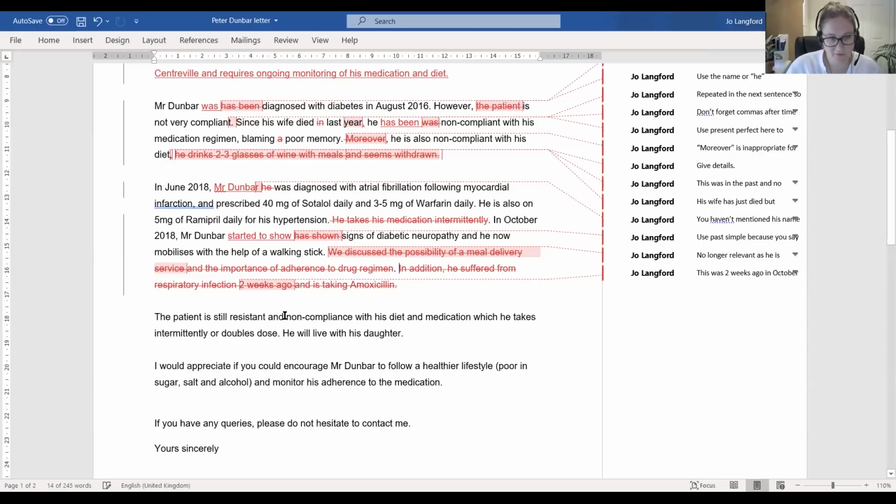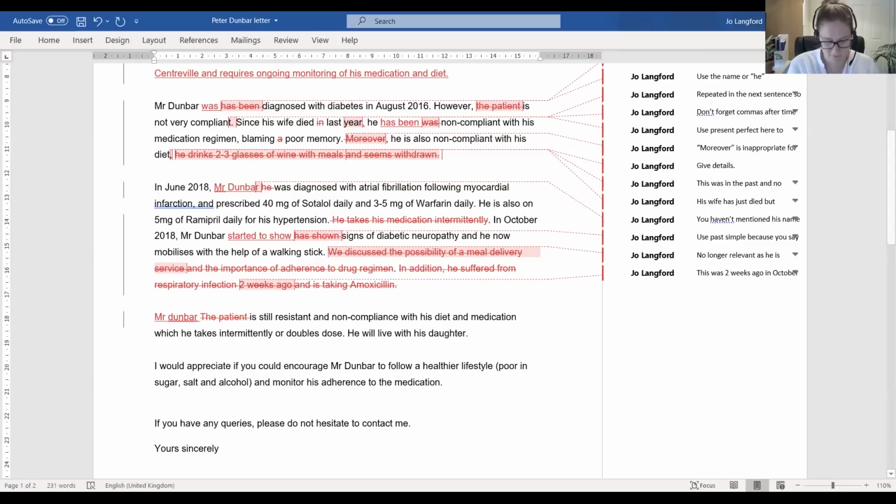"The patient is still resistant and non-compliant with his diet and medication, which he takes intermittently or double doses." Okay, so we've got that here and here. I think we can just leave it like that, but we don't like "the patient," so we can just put Mr. Dunbar. Mr. Dunbar is still resistant. I would say, perhaps, still resistant to what?